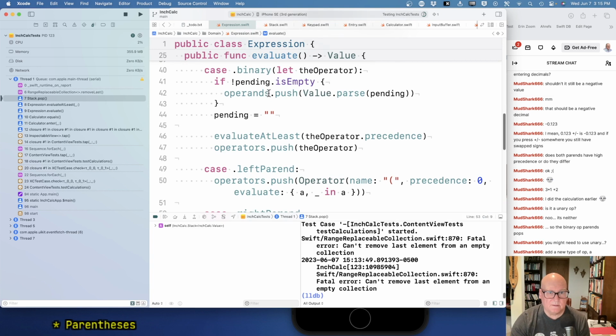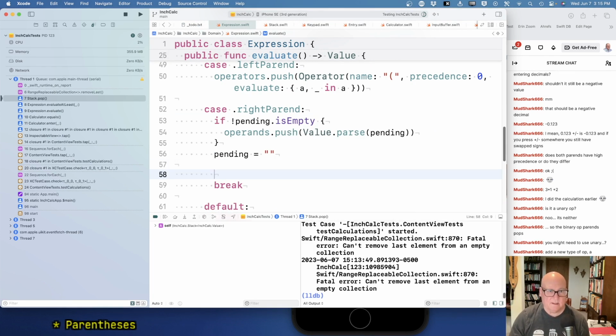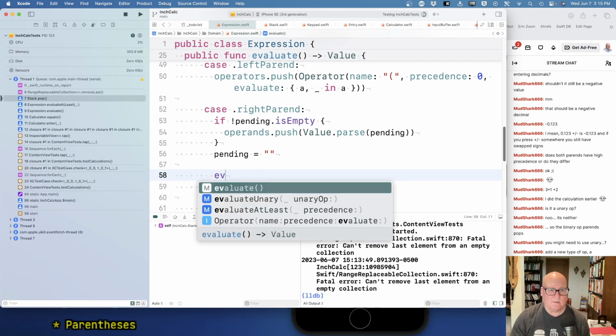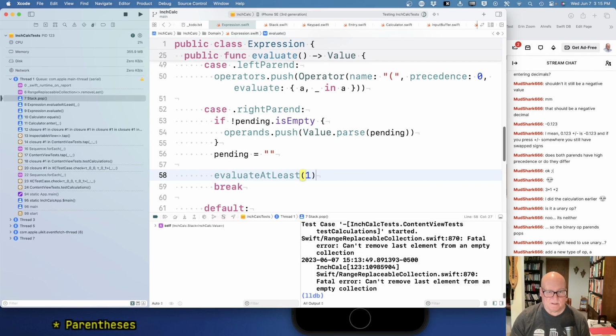Well, I think we got to do this, which I'm coming to hate. All right, but if you said 3 plus 2, you've got a pending operator, so you have to take care of that. Then I'm going to say evaluate at least, well, I don't want to pop my 0 off, so I'm going to say 1. And then I should have left paren on top of stack.